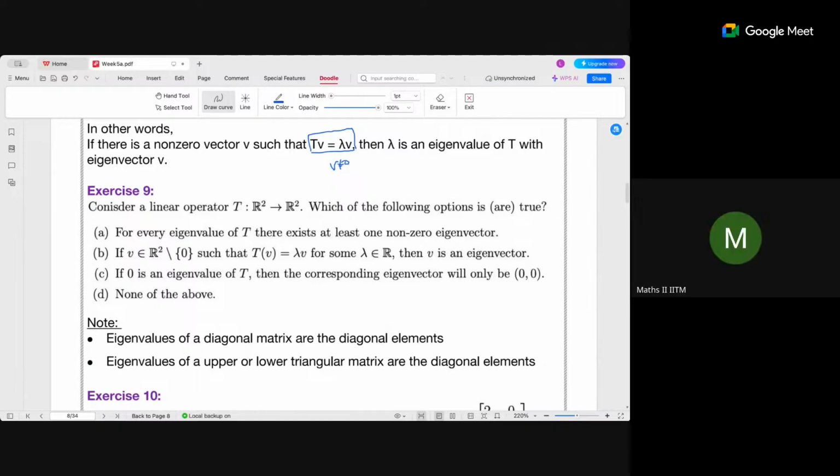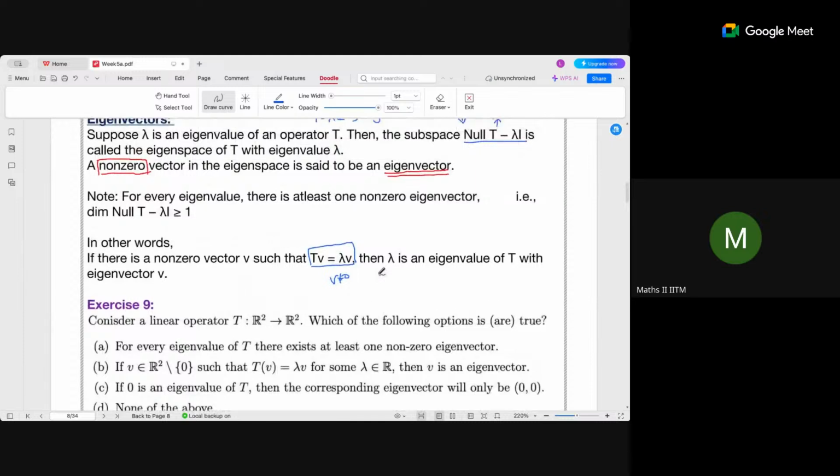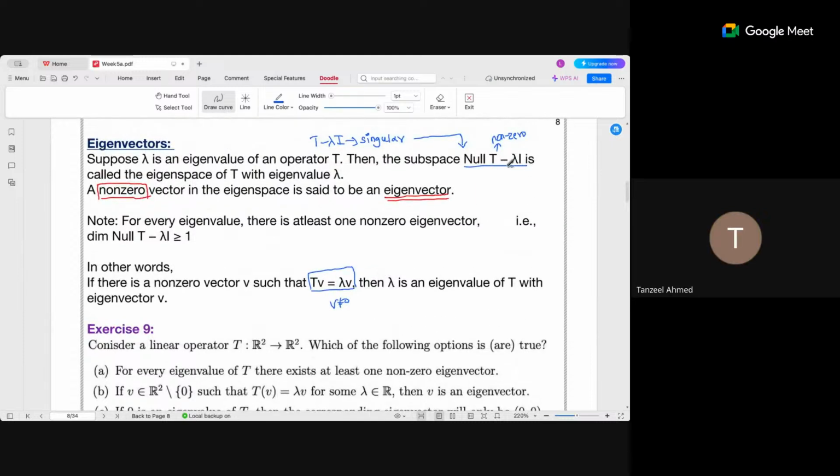For clarity, when we say T minus lambda I, we are making that square matrix. We are building up that T minus lambda I and then multiplying it with some vector xy, and that is how we generate this eigenvector. Is that correct?